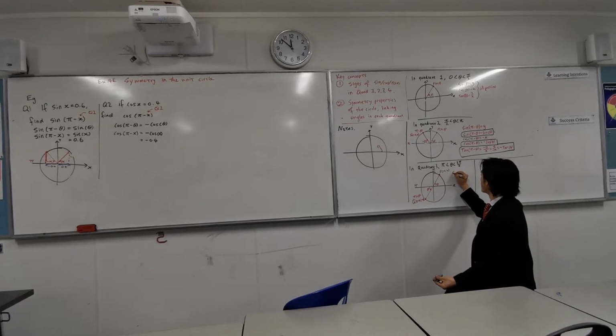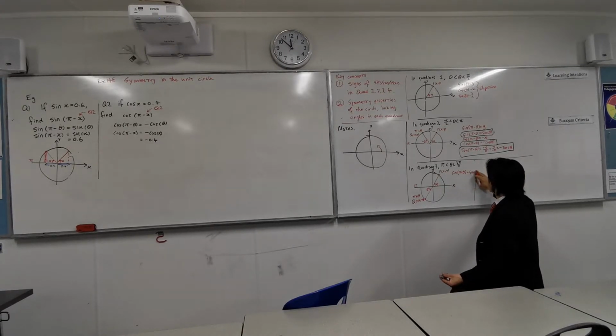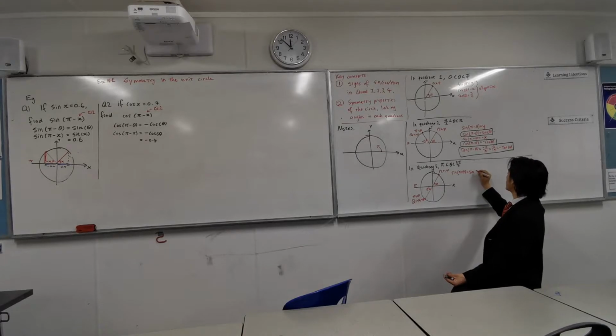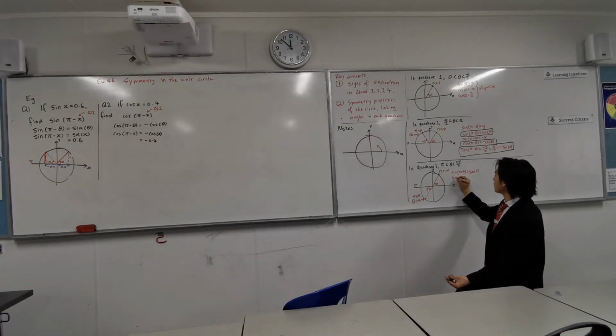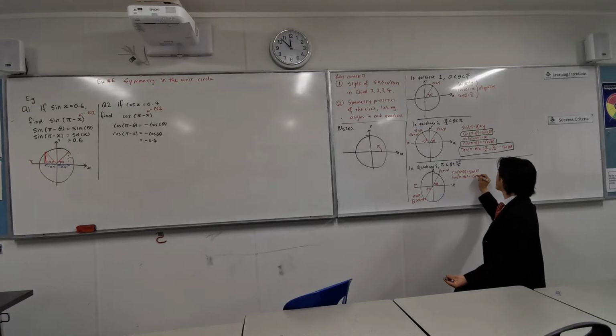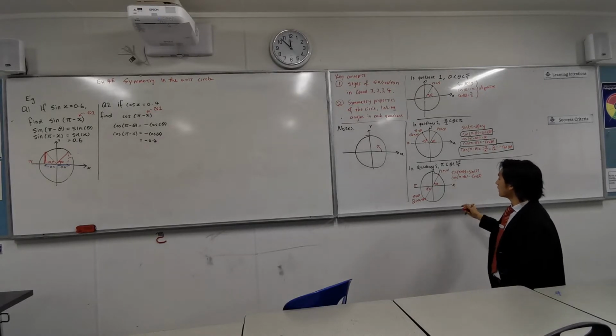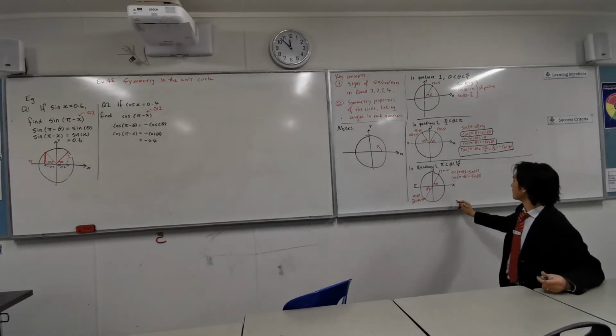We'll start with sine first. Sine in quadrant 3 is equal to negative sine of quadrant 1. And the cosine in quadrant 3 is equal to the negative cosine of quadrant 1. Now lastly, the tangent.